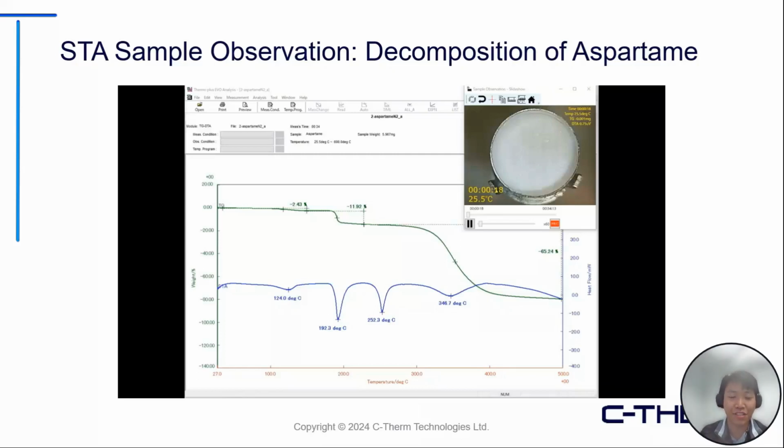And just from this curve, we cannot really tell which endothermic peak corresponds to which kind of decomposition. But by directly observing the sample as it undergoes such reactions, we can say with confidence that each endotherm corresponded to different kinds of decomposition, as we will see here.